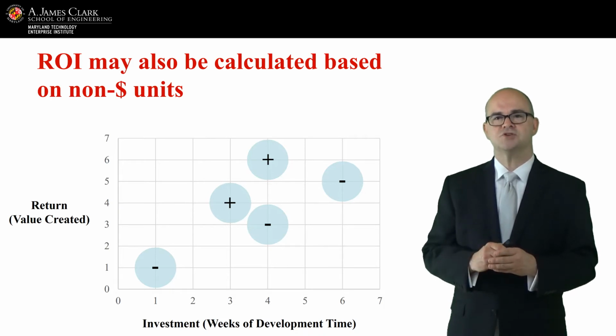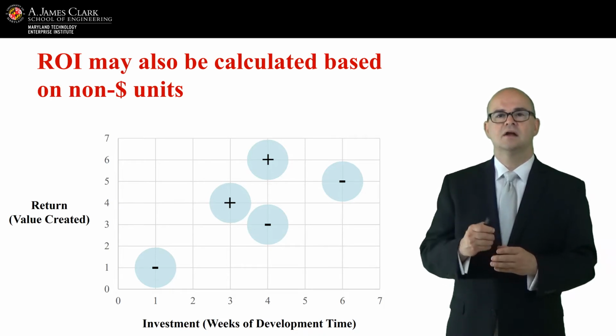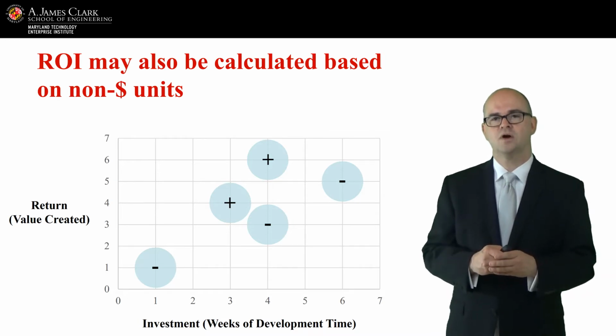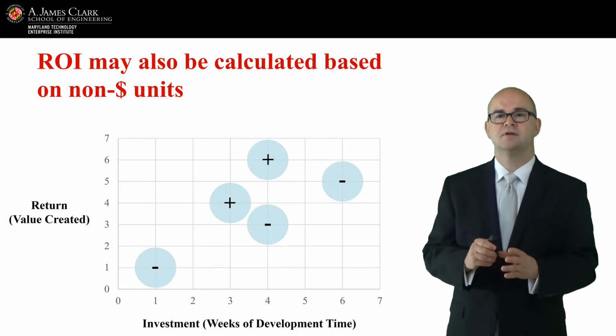Let's go next to the 4-week investment row. One of those features, feature C, the customer told us the value was 3. 3 divided by 4, less than 1, negative return. Not worth building. For the other feature, D, highly valued.